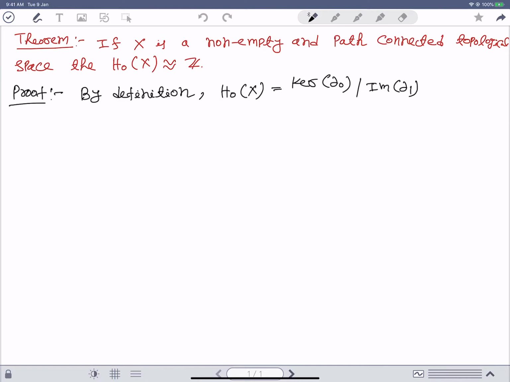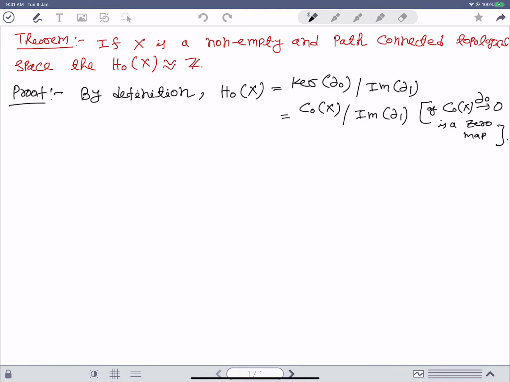So therefore this is just C0 of X quotient with the image of del 1. You can write C0 of X to 0, where del 0 is a 0 map. Okay.